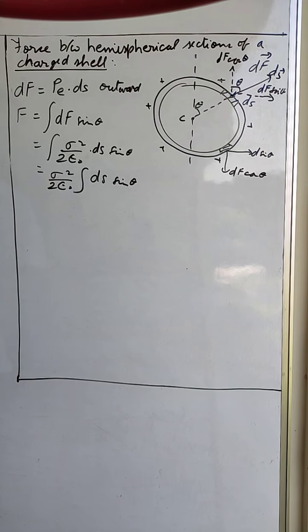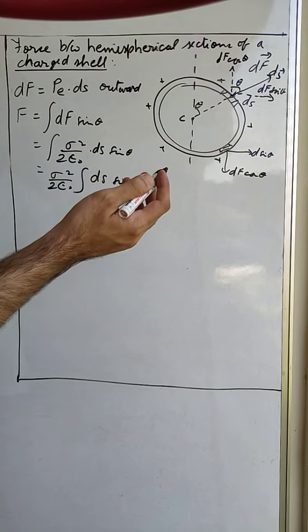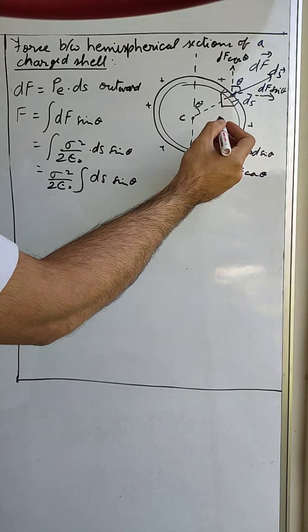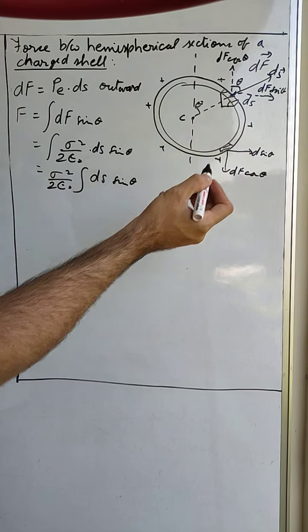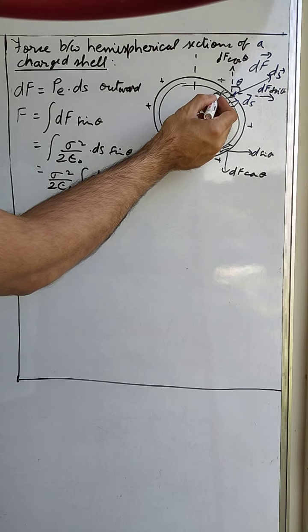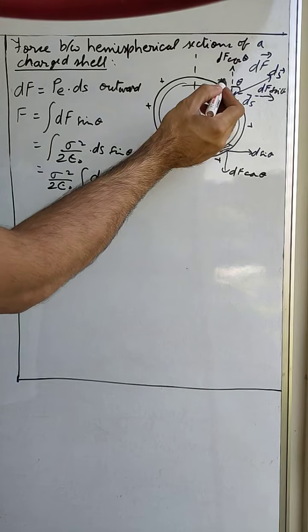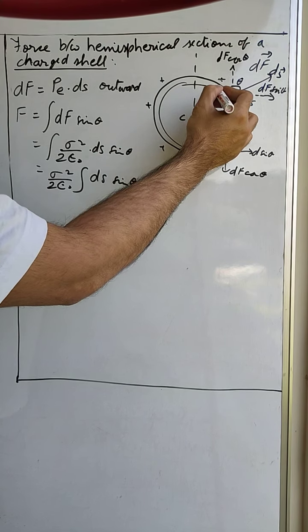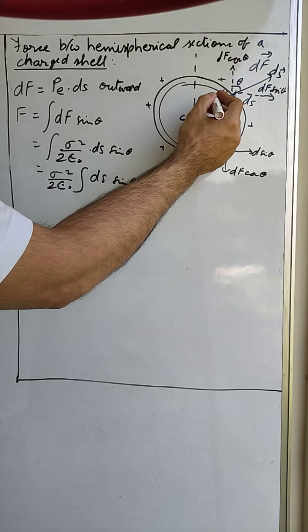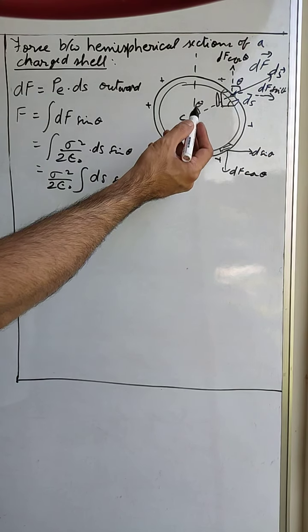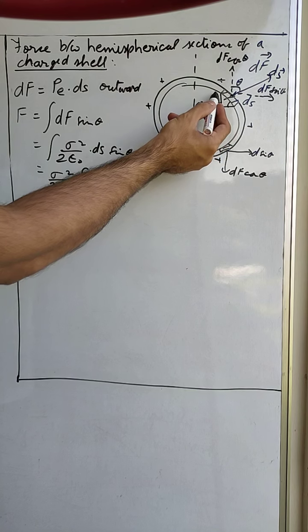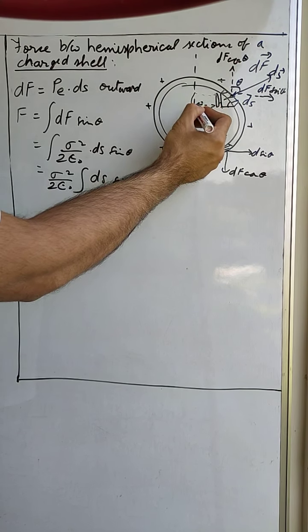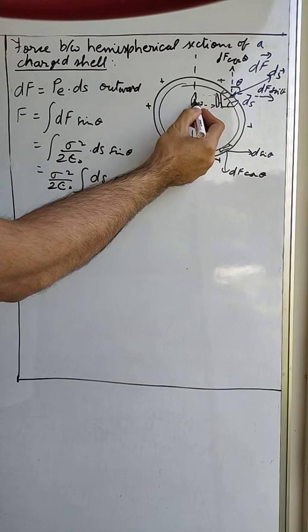Now if we divide this area ds into components in the form of a triangle, and this angle is theta, then this side of ds will be ds sin theta. You can do it by trigonometry. Now if we project this ds sin theta onto the base of the hemisphere, then this area will be projected on this side.